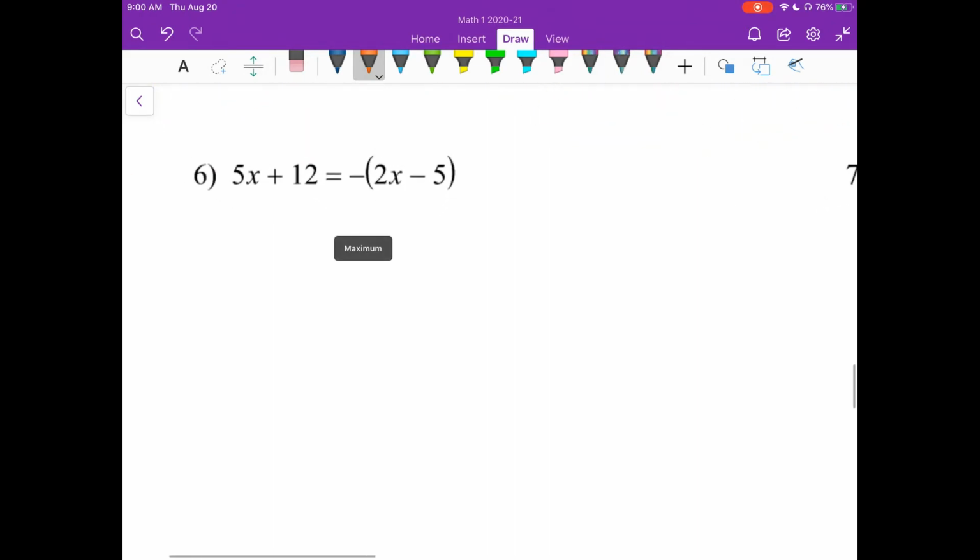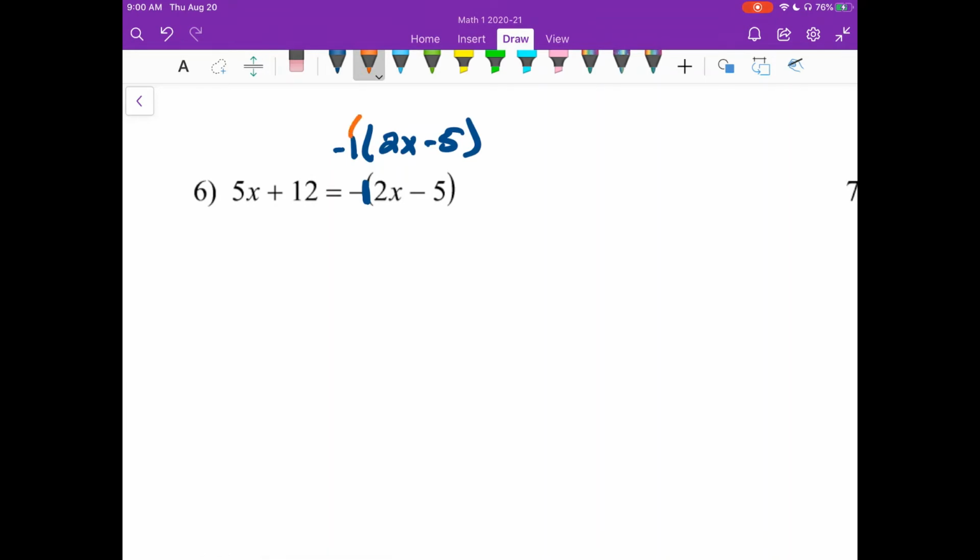Number 6, we've got 5x plus 12 equals negative. This negative, we'll put a 1 right there. -1 times 2x minus 5. Okay? And what we're going to do now is we're going to distribute that -1. Okay? You can distribute the negative, and it works just the same way, but I kind of try to distribute the -1 and kind of think about it like that.